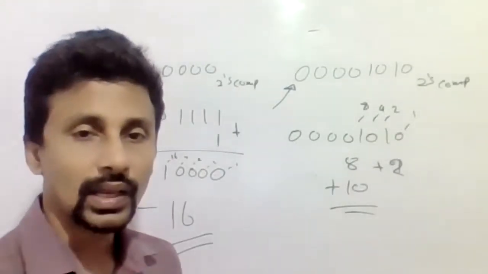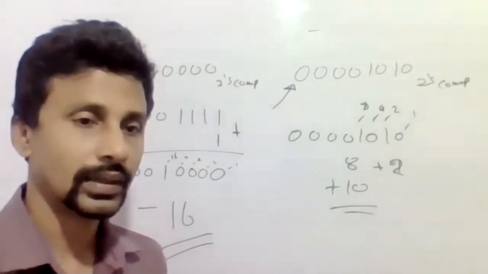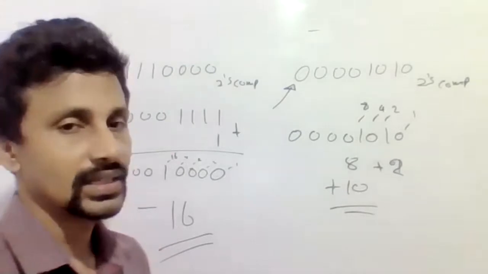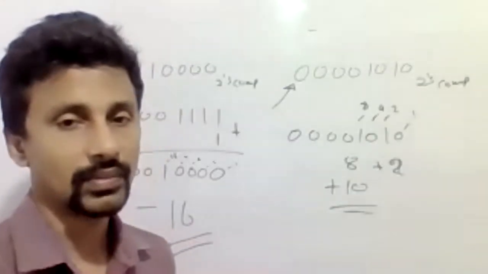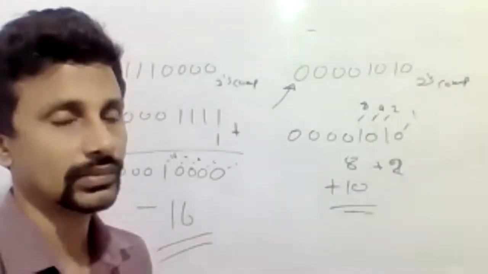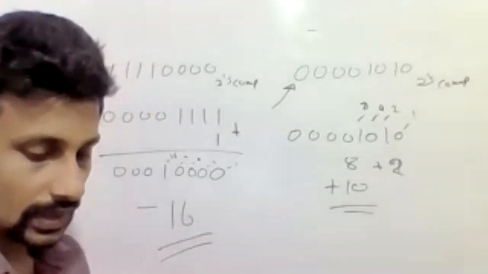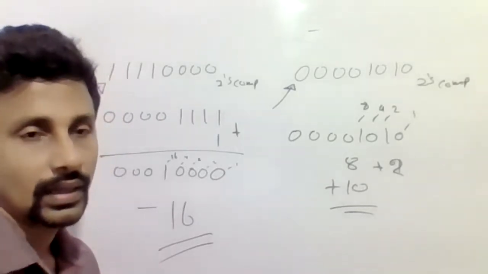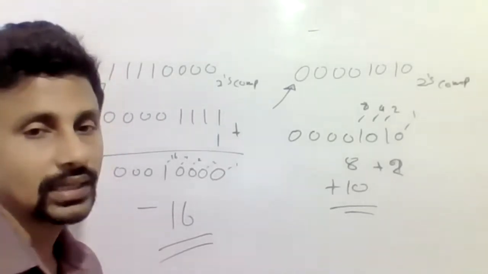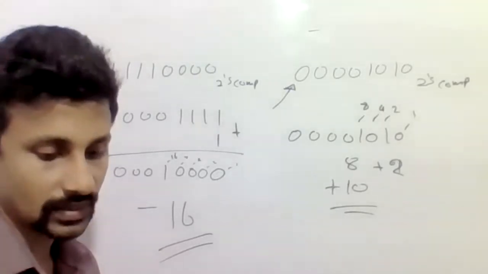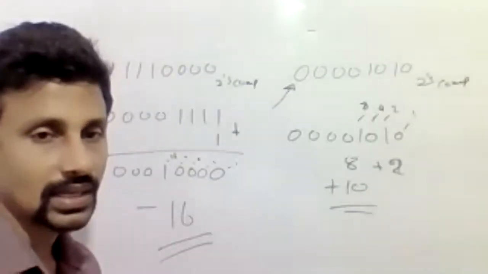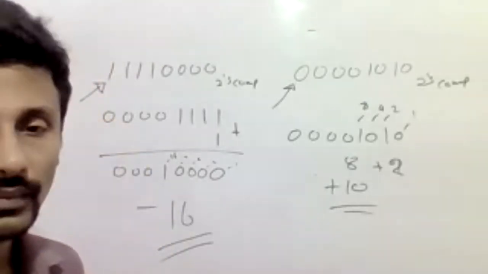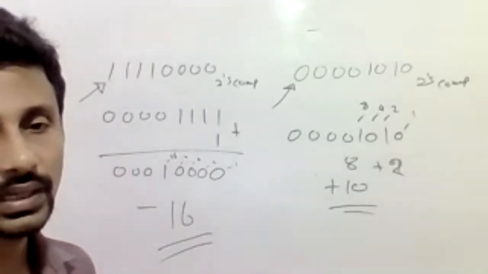Convert that binary value to a decimal value, and keep it as a negative decimal value.